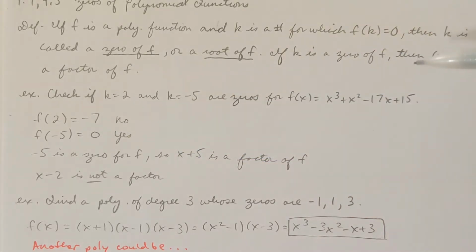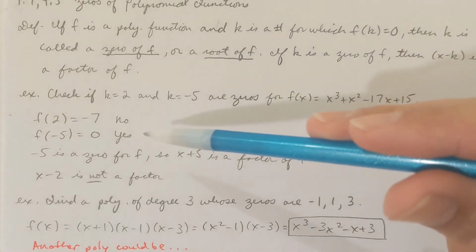How about f of -5? Okay, so -5 cubed is -125 plus -5 squared is 25. That gives me -100 plus 85. 17 times 5 is 85. -85 plus 15 is 0.